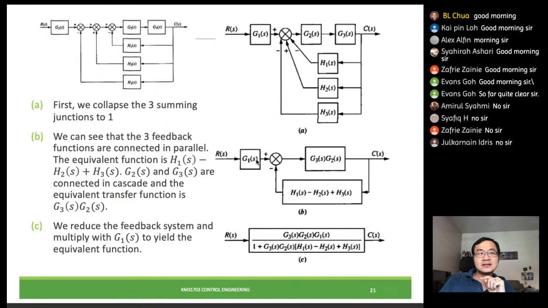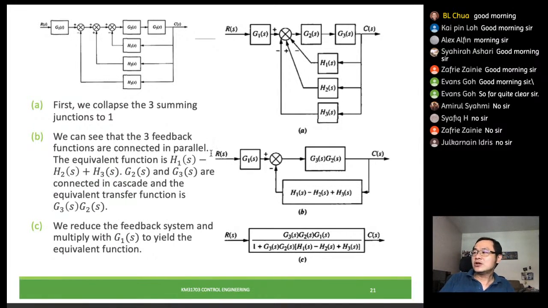The only thing left out is this G1, that we intend to move inside, so that there is only one signal going in: feed forward block, feedback block, and output. That is our familiar form of feedback control system.